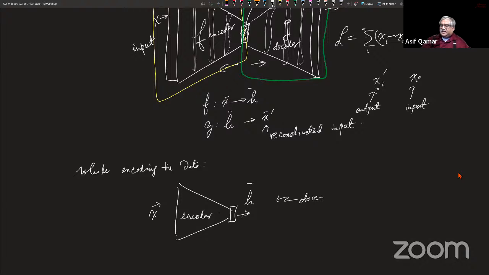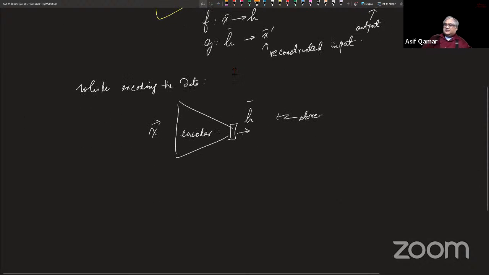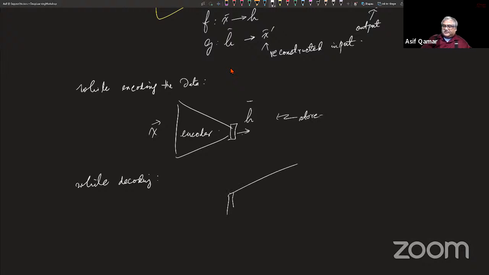One example could be, you can compress images through this process. The other part is later on, when you want to do a decoding of it, while decoding, you now use the decoder part of it. And remember, this was your F and this is your G. X goes in and X prime comes out. A reconstructed input comes out.